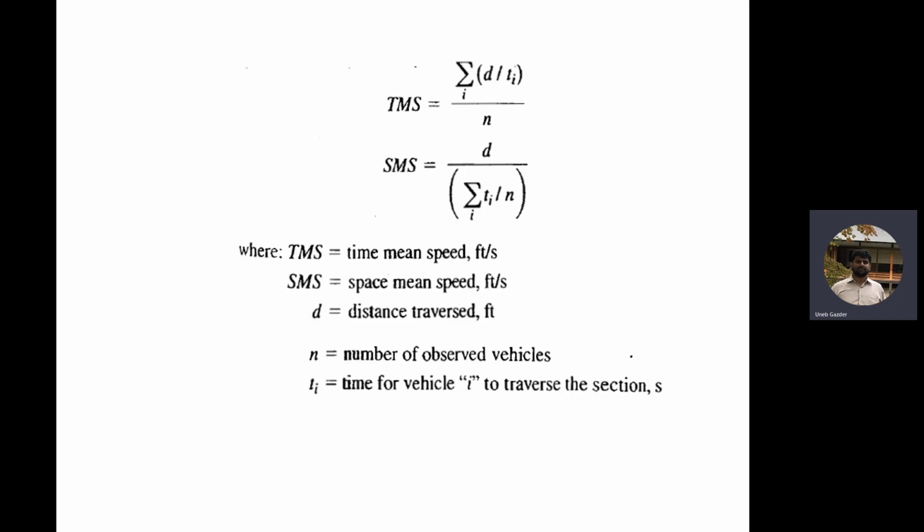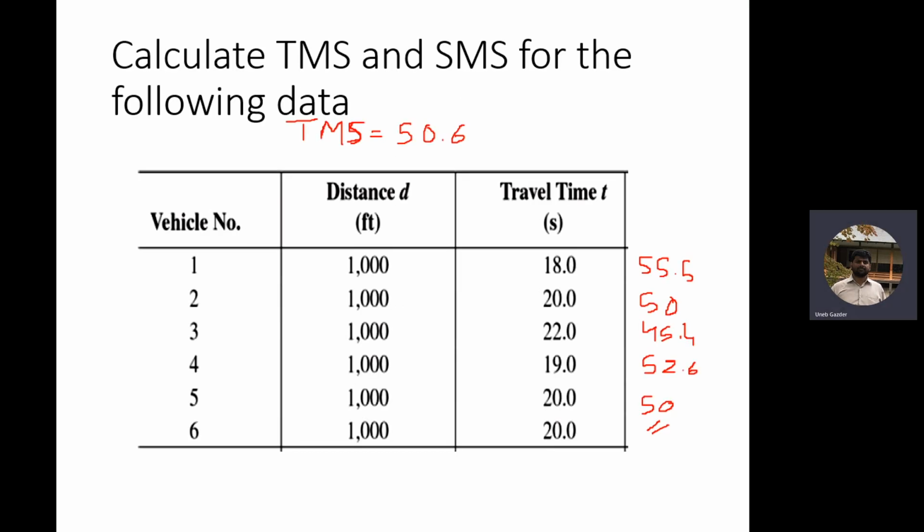For SMS, the distance is 1000. And then I need the denominator, which is basically the average of travel time, right? The average of the third column. How much is it?